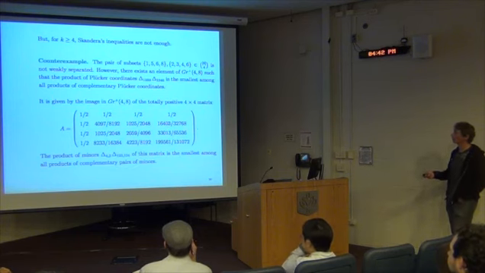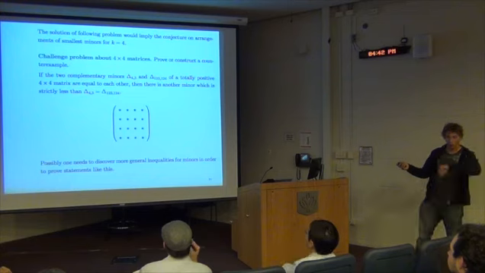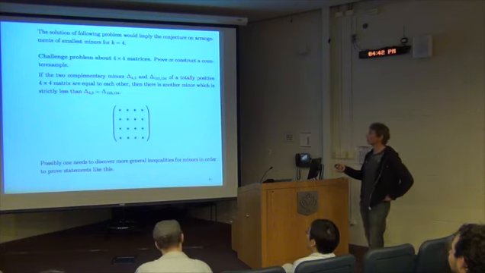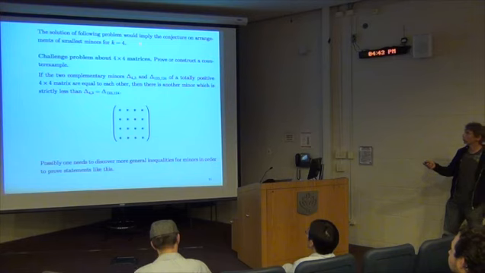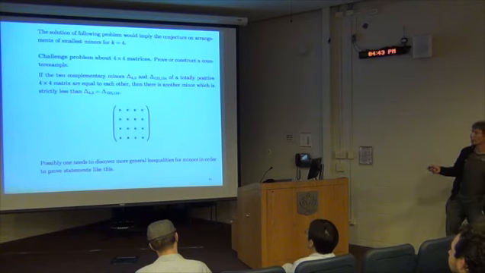a counterexample. And here is a challenge problem for k equals 4. If we can solve this problem, then we will prove the conjecture for k equals 4. So prove it or construct a counterexample. It's just a claim about 4x4 matrices.